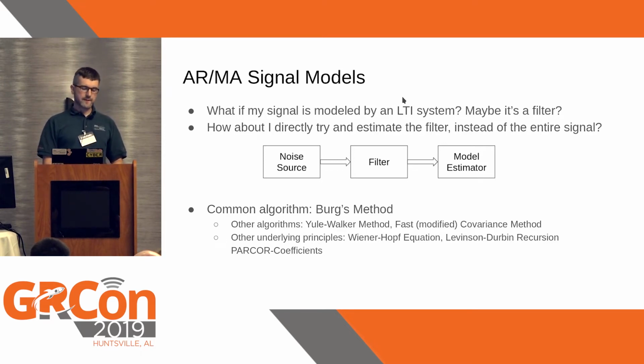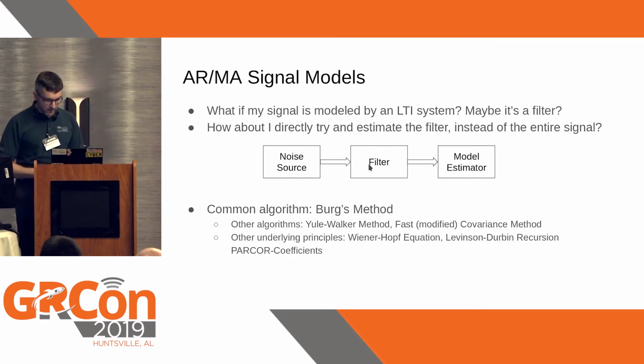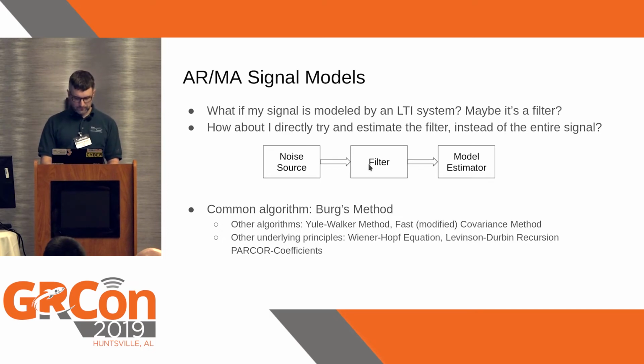Let's say the signal that I'm estimating is actually modeled as some noise which is then going through a filter, and then we observe the output here. And now what we want to do is not look at the cumulative signal at the end, but back calculate what that filter was that originally went into that. And that is also a method of spectral estimation.